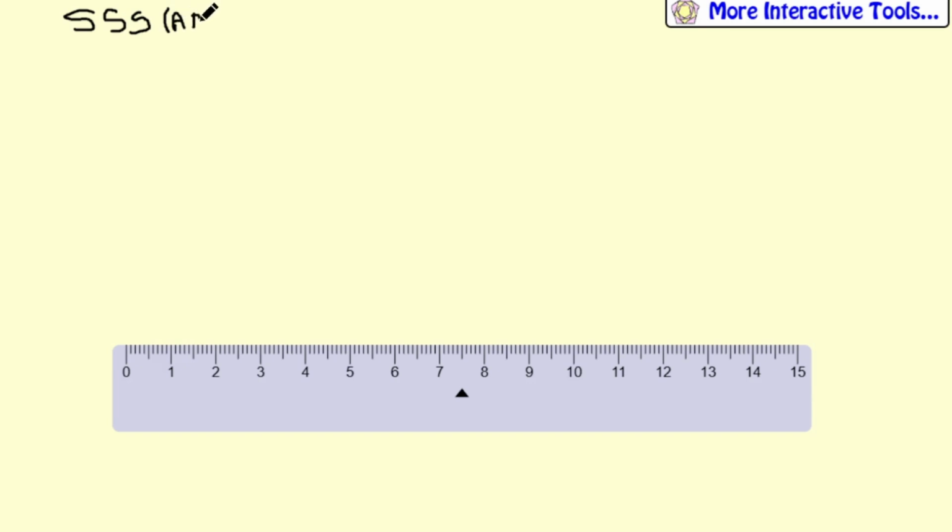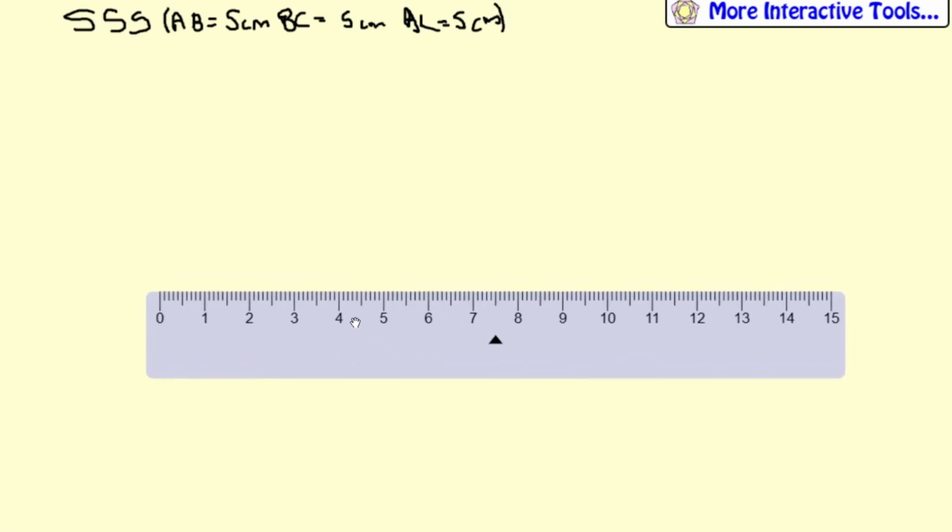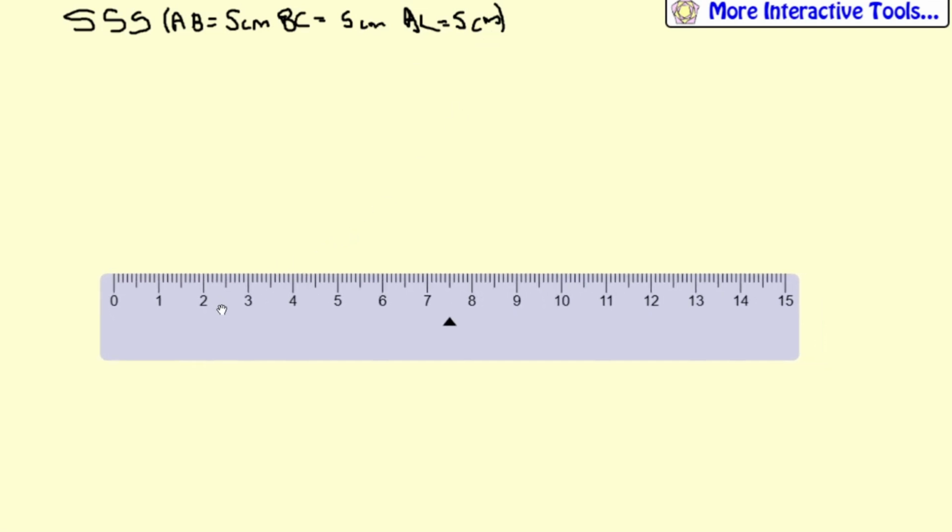AB will be equal to 5 centimeters, BC will be equal to 5 centimeters, and AC will also be equal to 5 centimeters. Based on the fact that all sides are the same, we can say that this is an equilateral triangle.